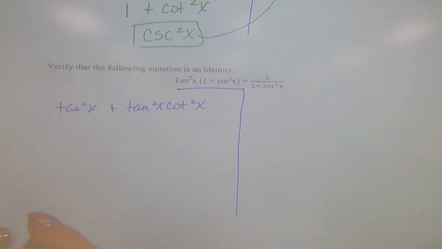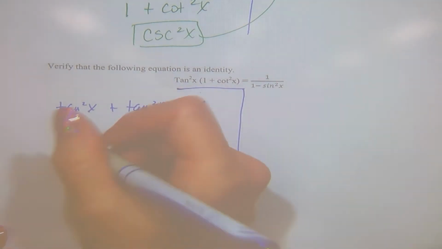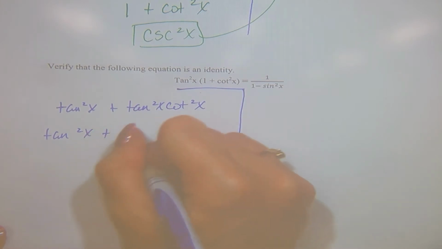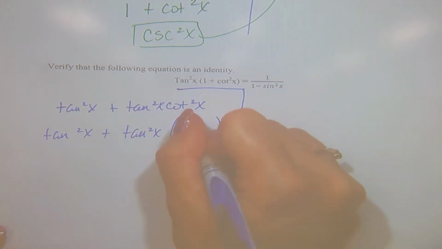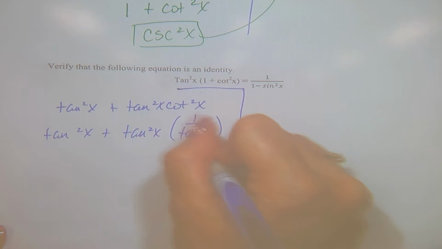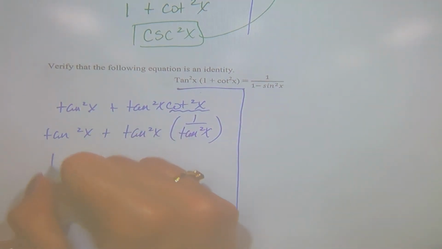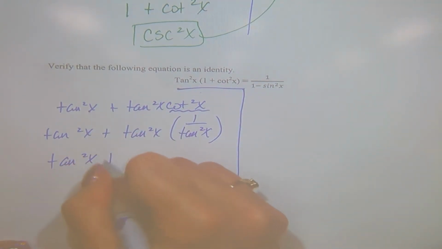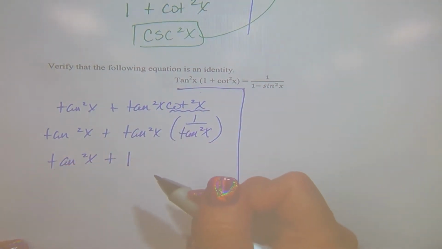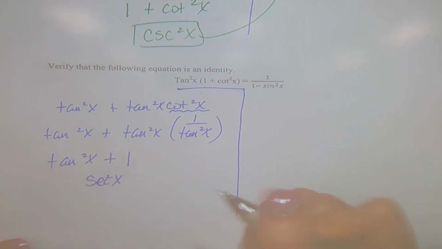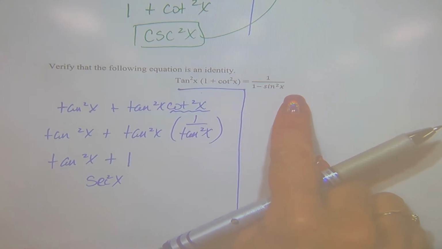Well, you know what? It's not going to make any difference which one I did. I'm going to go ahead and take the reciprocal of cotangent, though. I'm going to replace that with 1 over tangent square x. And tangent square x times 1 over tangent square x is just 1. So I've got tangent square x plus 1. And tangent square x plus 1 is secant square x. Secant square x. That's not what I've got over here, though.